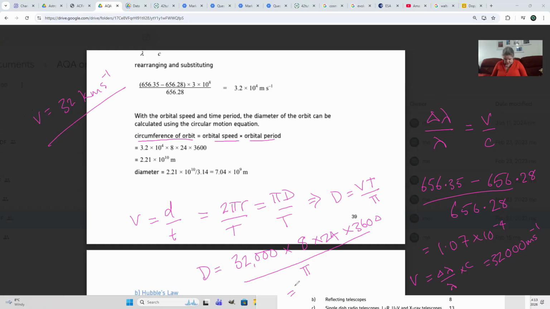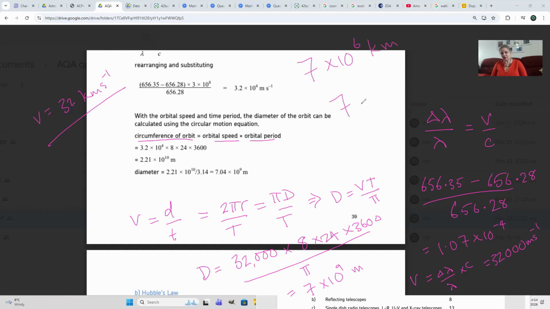So let's do this. 32123 times 8 times 24 times 3,600 divided by shift pi equals a really big number. So we press our engineering button and we get 7 times 10 to the 9 meters. So that is 7 times 10 to the 6 kilometers.